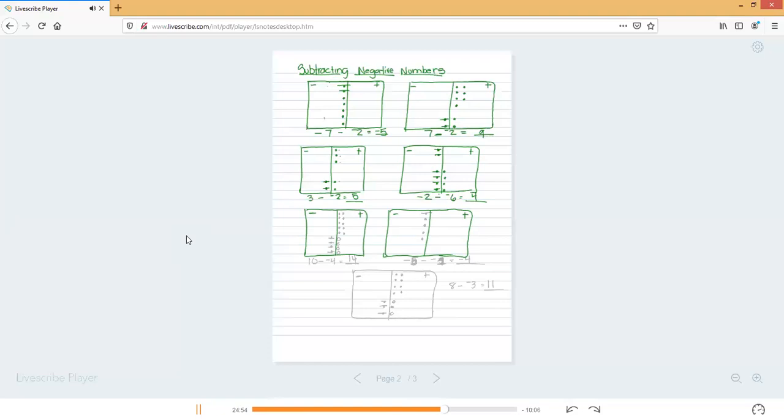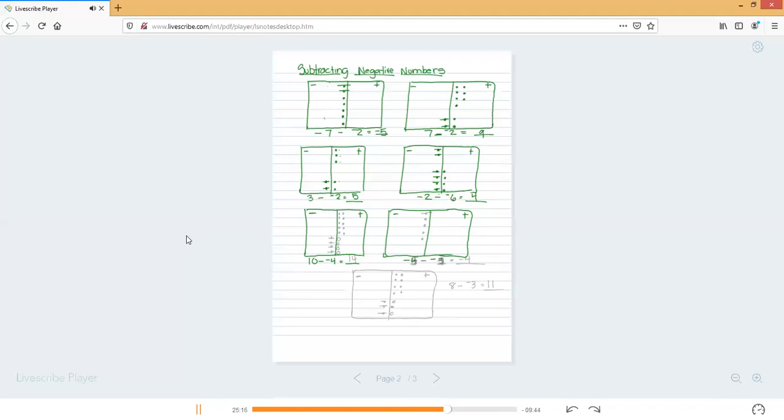Let's do another one. Actually, for this one, let's make this negative 5 minus 1. This is a good example. My minuend is a negative 5, so I'm going to make 1, 2, 3, 4, 5, and then it says negative 1.